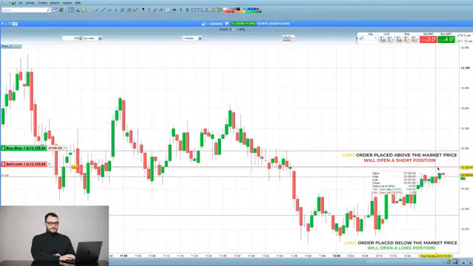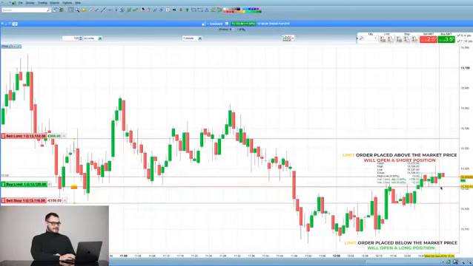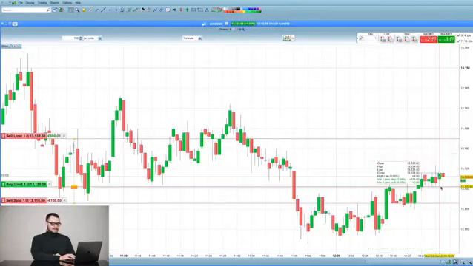When we put our limit order below the current market price, it will be opening a long position. So you cannot have a limit order on the other side of the current market price for opening a short position. To do that, you'll need a stop order.